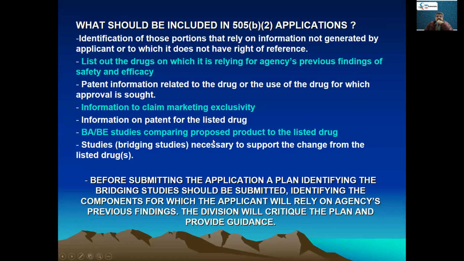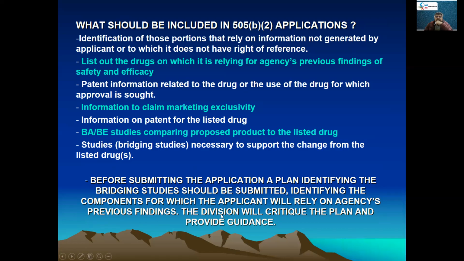BA/BE studies comparing the proposed product to the listed drug. Studies called bridging studies necessary to support the change from the listed drugs. Listed drugs are the ones that have already been approved by the US FDA. Before submitting the 505(b)(2) application, a plan identifying the bridging studies should be submitted, identifying the components for which the applicant will rely on the agency's previous findings.